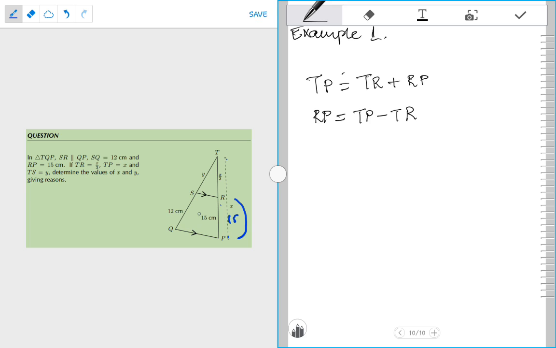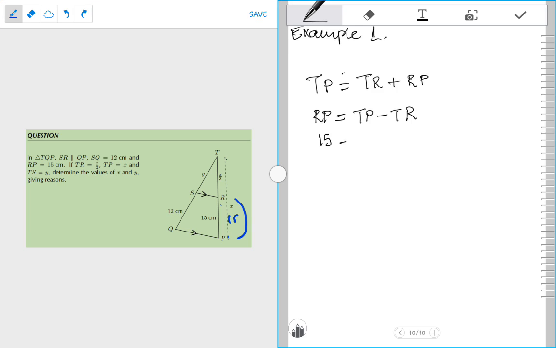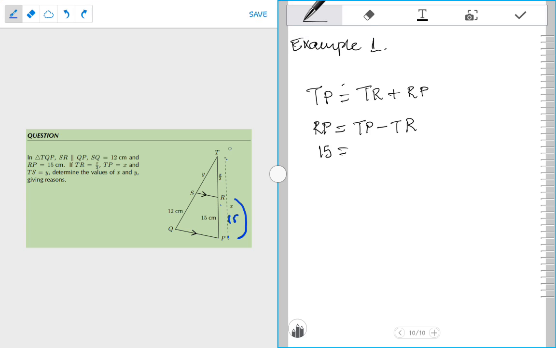We were given that this one is 15, as you can see here. RP now is 15, TP is x, minus TR, which is x over 3.